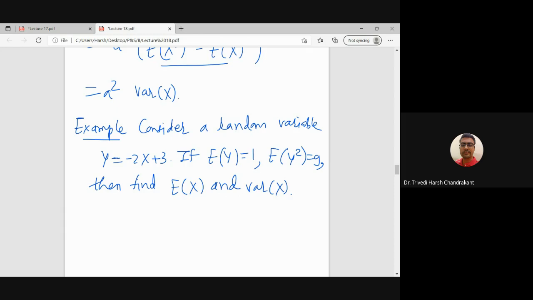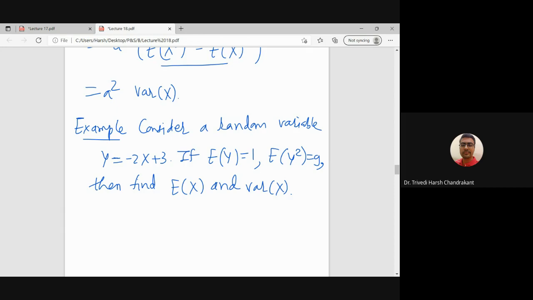So what is the relation between variance of y and variance of x? A square times, right? Here a is minus 2, so a square is 4, so 4 times variance of x. So first you find variance of y, substitute, and then you will get variance of x.